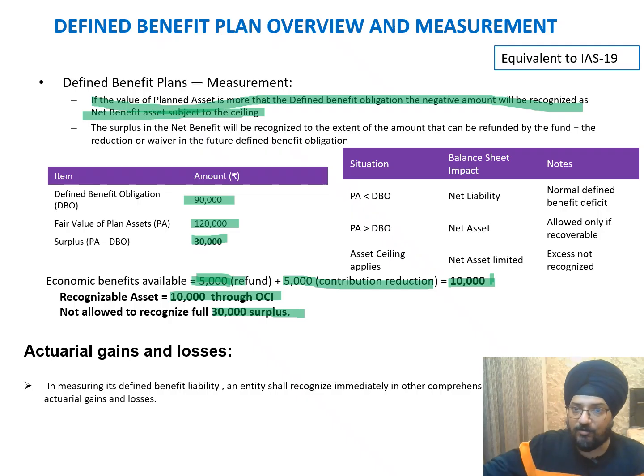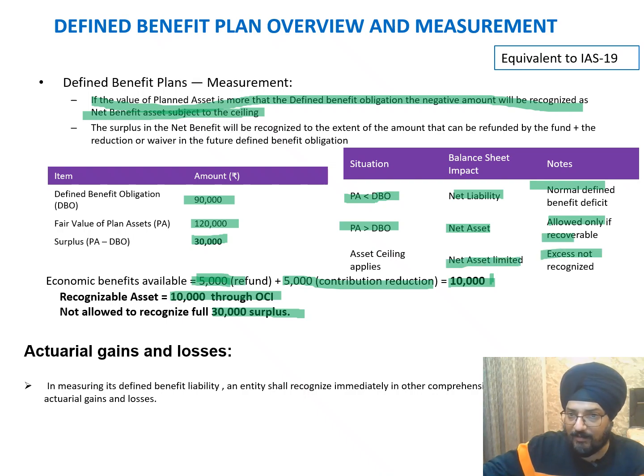So the simple rule is: if my plan asset is less than the DBO, then it is a net liability, a normal defined benefit. If my plan asset is more than the DBO, it is a net asset, allowed only if recoverable, and the asset ceiling applies. Net assets are limited, and the excess is not recognized. As simple as that.